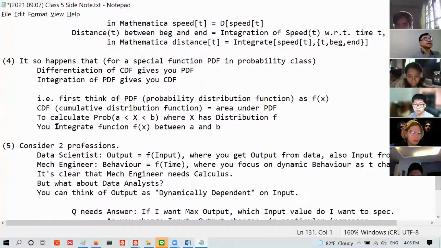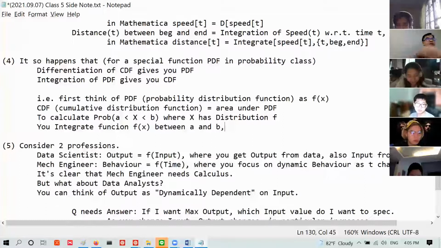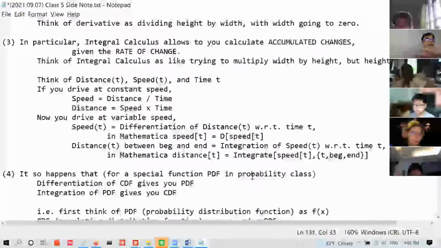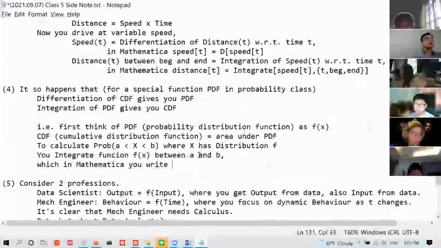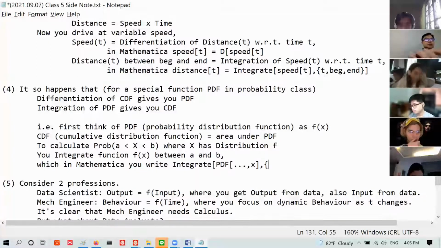Yeah, that's it. You integrate this in Mathematica. Integrate the PDF. There. Okay.